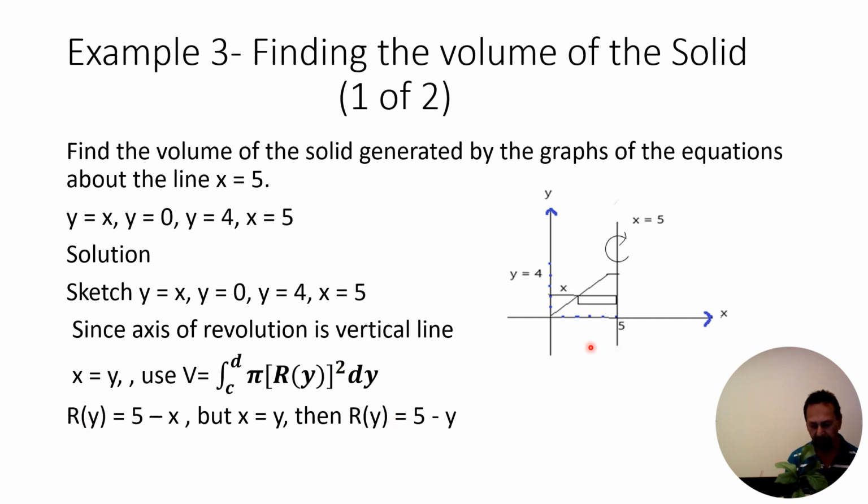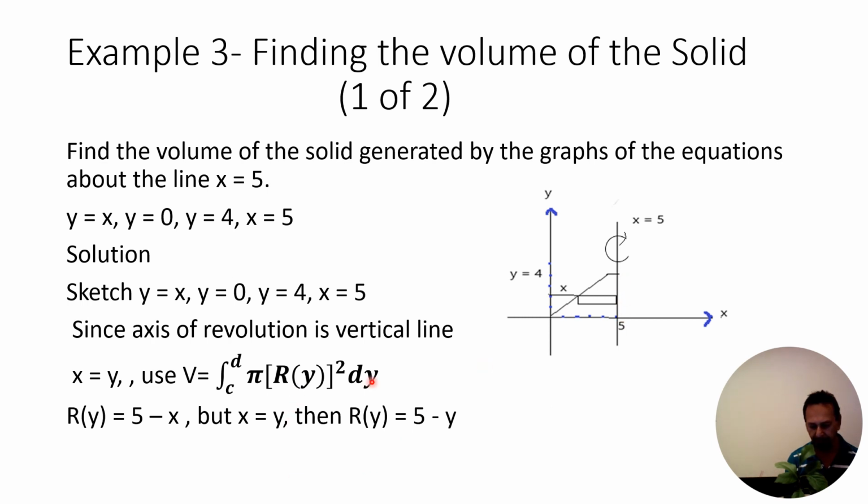Since we're revolving about the vertical line, we're going to use this formula: V equals the integral from c to d of pi times r(y) squared dy. So we need c and d. It looks like the lower limit c is 0, and d is equal to 4.